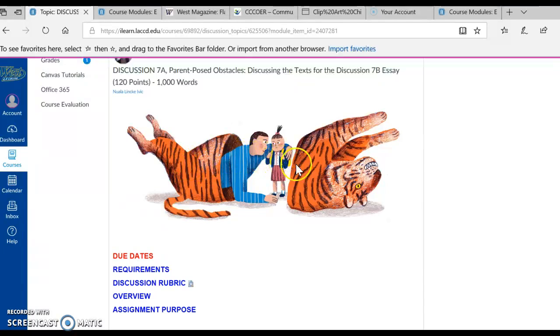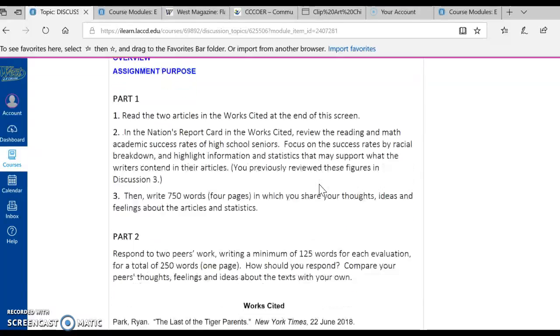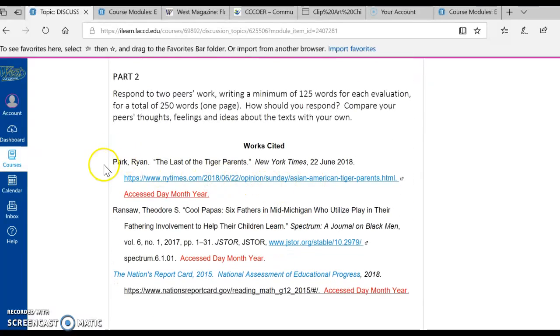We have an image from the New York Times that relates to one of our articles, the father with his arm around his daughter coming out of the tiger, and you'll find out what this metaphorical image means as you read the article by Ryan Park, which is listed right down here, The Last of the Tiger Parents.